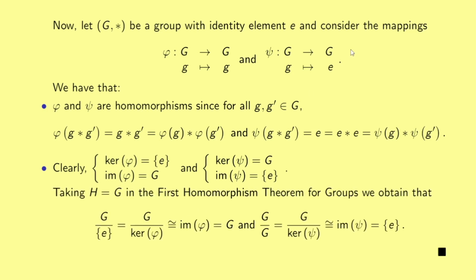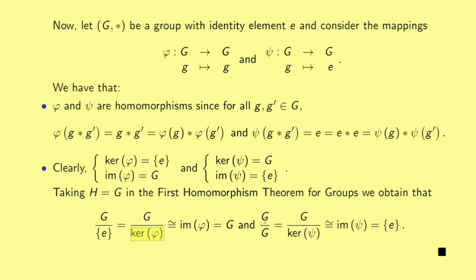So if we take H in the theorem the same as G, we get that the quotient group G by this set {E}, which is the same as the quotient group of G by the kernel of phi, is isomorphic to the image of phi, but we have already seen that this is G. So we get what we wanted.